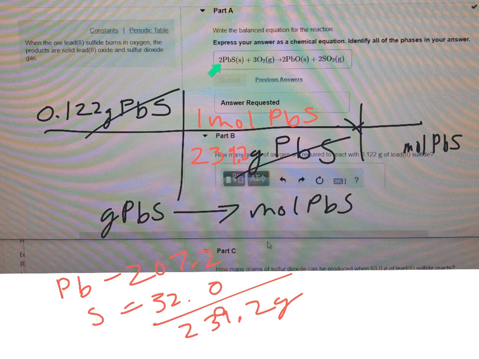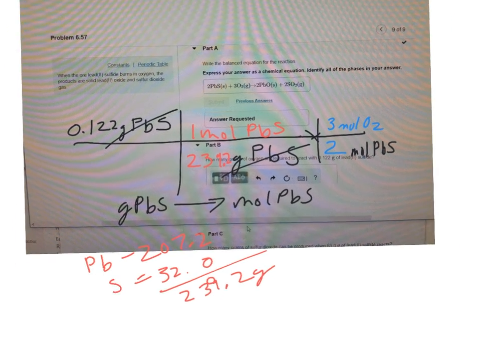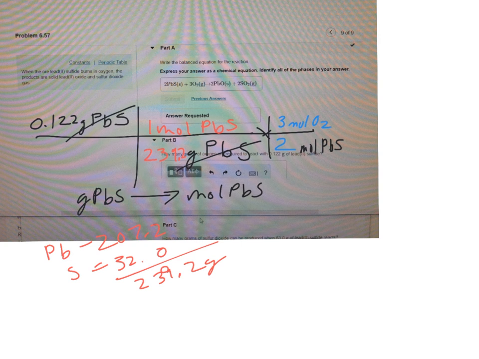I'm just going to keep those numbers with the molar masses. 2 moles lead-2 sulfide, 3 moles of oxygen. I have moles of oxygen now. So I'm going to place moles of oxygen where they cancel out.